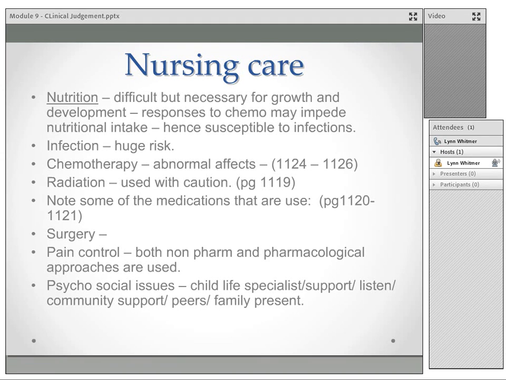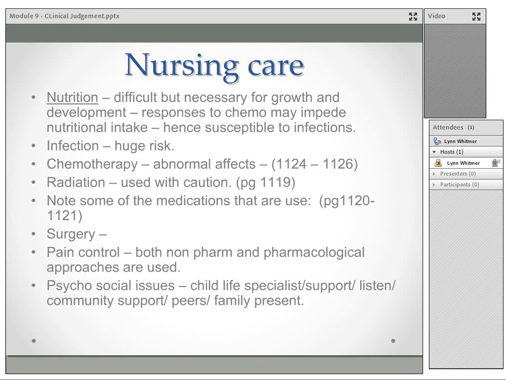Pain control, again, do not forget about non-pharmacological methods, not to say that we're not going to treat their pain with medications, but also look at the non-pharmacological measures which will enhance the use of your pain meds. And morphine is used more often than any other drug for children. And we can use PCA.